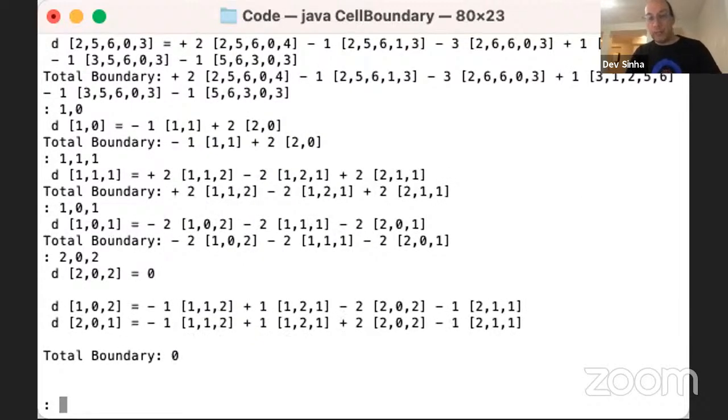And here's a little further code that Chad put in there to start to look at things where you get that in its boundary. If you take the difference of these two, you can see that 4 times 2, 0, 2 is 0 in cohomology.